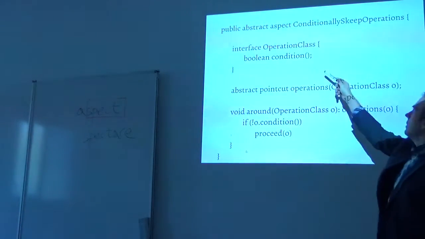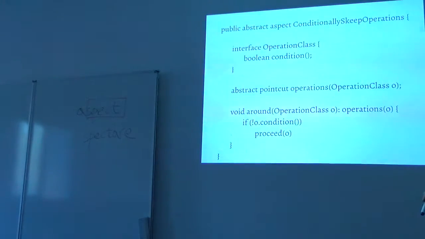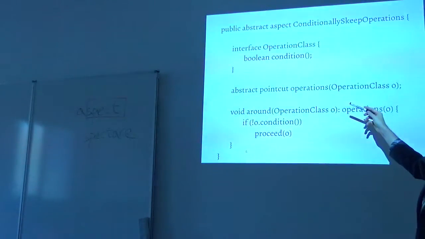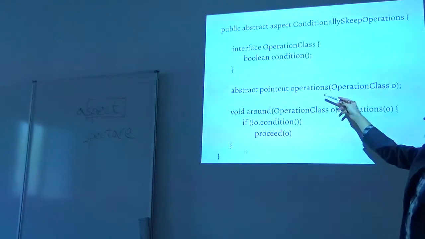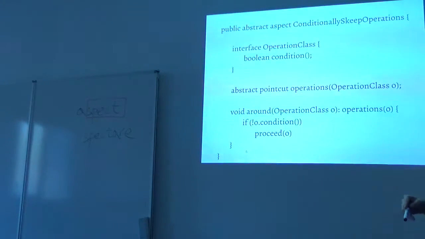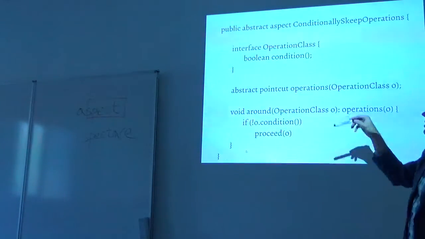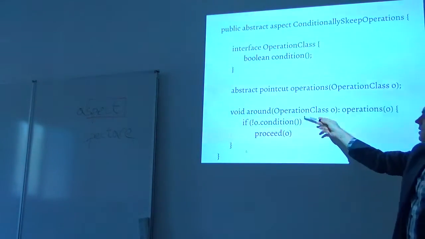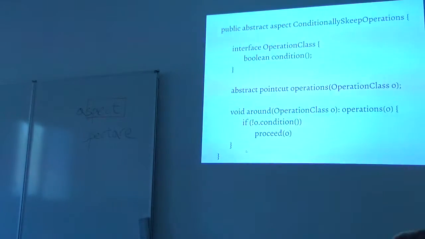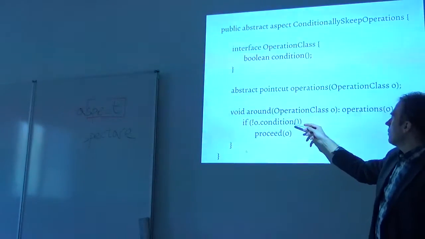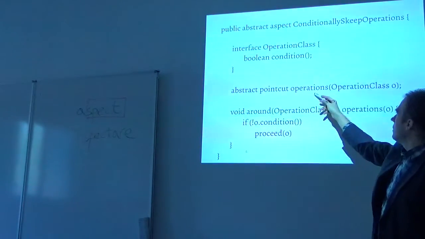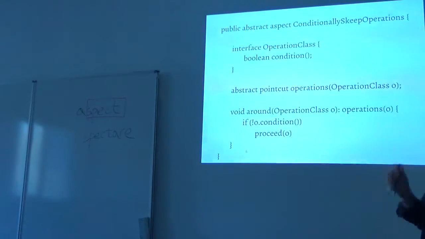So this is an interface, and this pointcut is defined with respect to this interface, but there is this behavior. This behavior specifies how you affect something. But what do you actually affect? You need a concrete aspect to specify this.